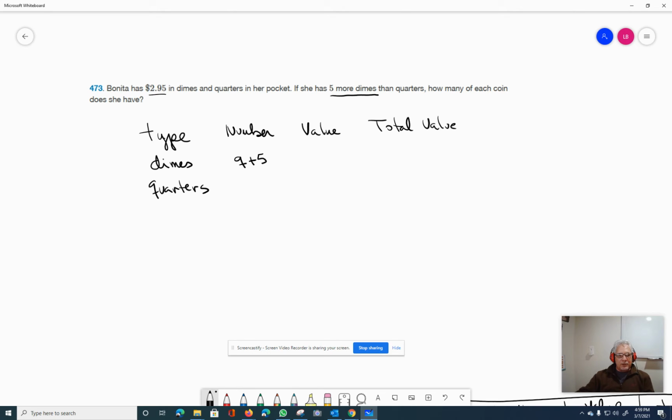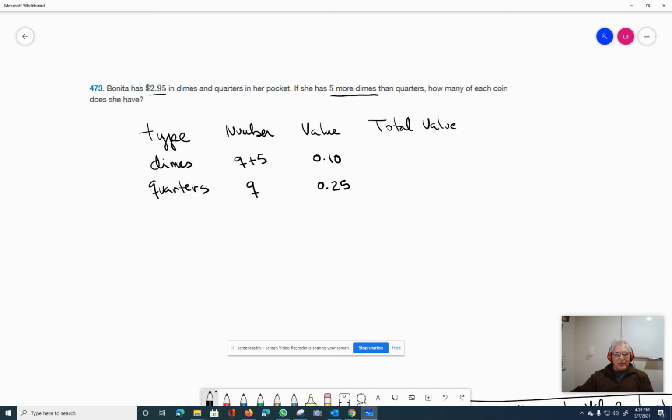Why is that? Because dimes are five more than quarters, and quarters will be Q. The value of the dime is 0.10, or 10 cents, and the value of the quarter will be 25 cents.